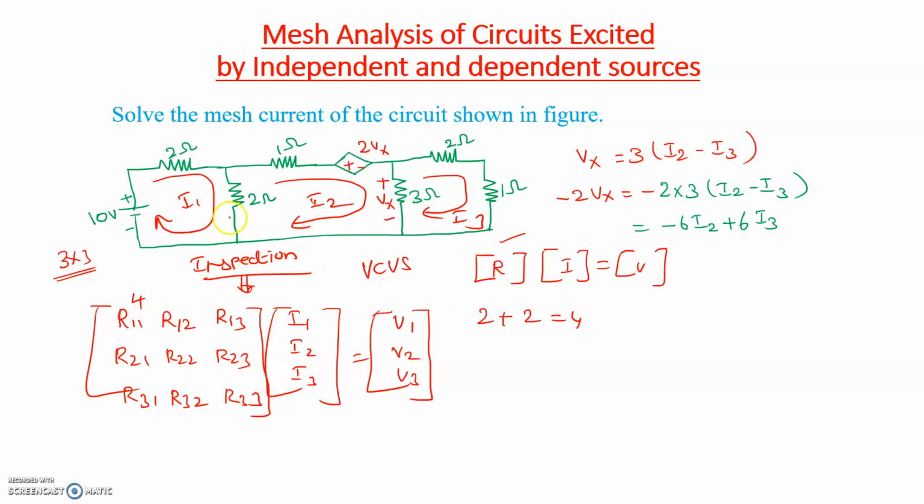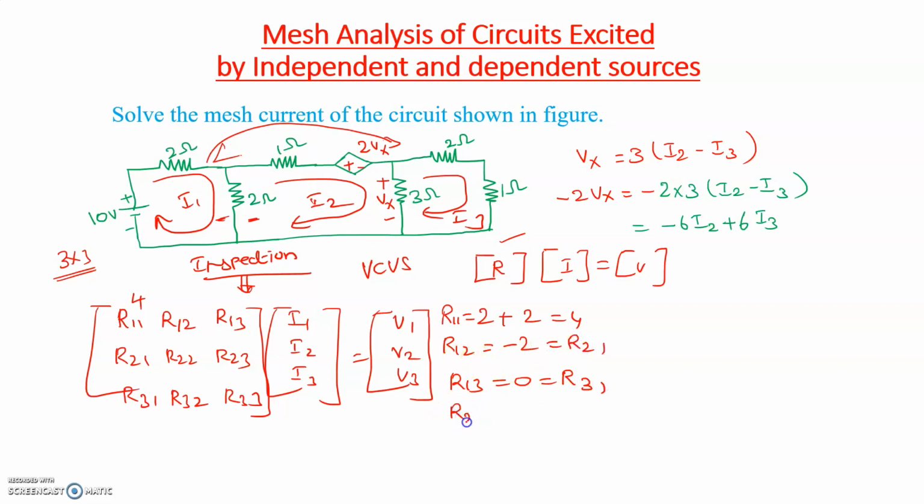R12 is the resistance which is common between loop 1 and loop 2, with minus sign, which is minus 2. R13: there is no common resistance between the first and third loop, so it is equal to 0, and R31 is equal to R13, and R12 is equal to R21.